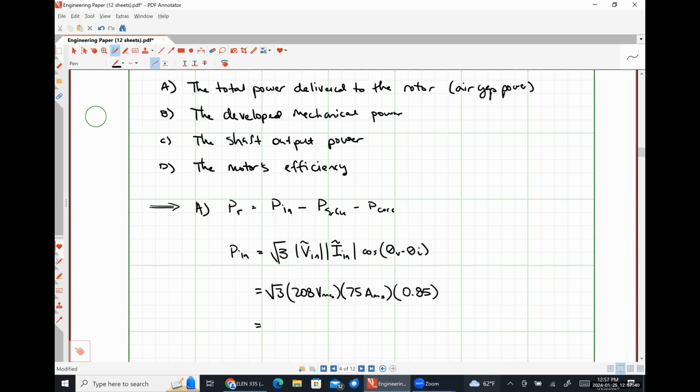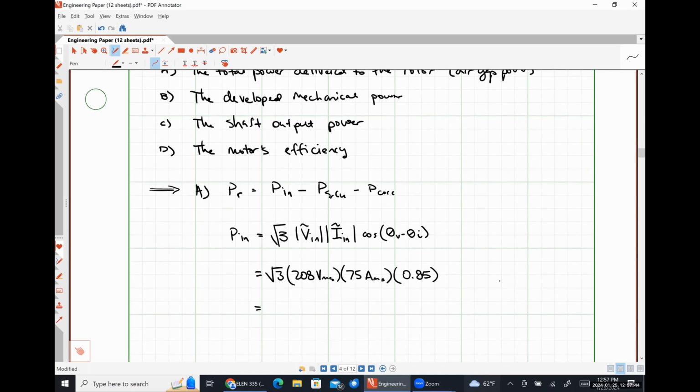So we throw this into our calculator. We should get 22.950 kilowatts.